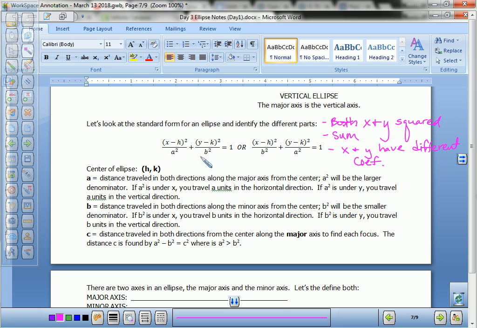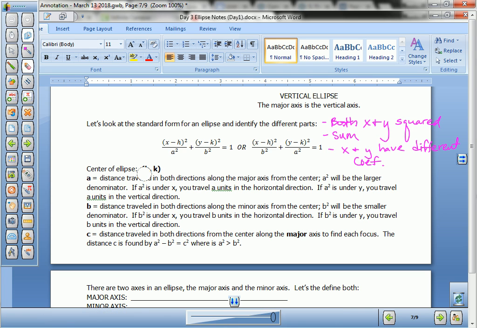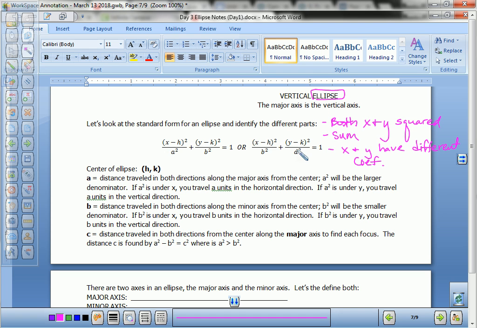Now they're going to look like division. Like if this was over 4, wouldn't that be the same as 1/4? So what you're going to notice is that we have different coefficients. Looks just like a circle otherwise. They're both squared, it's a sum, but they're going to have different coefficients. That's how we know we're working with an ellipse.